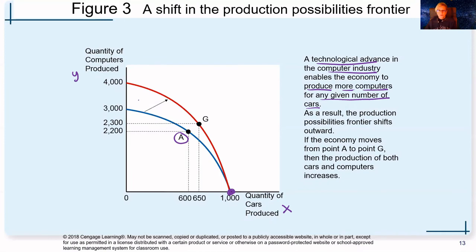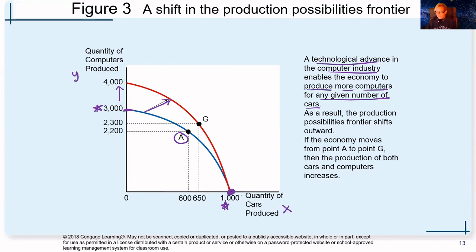This is where we're not holding all these factors constant. That technological advance, meaning perhaps we have better, faster machines that allow us to produce computers. What we're going to see is that the opportunity cost changes. The technological advance allows us to produce more computers, but the number of cars stays the same.